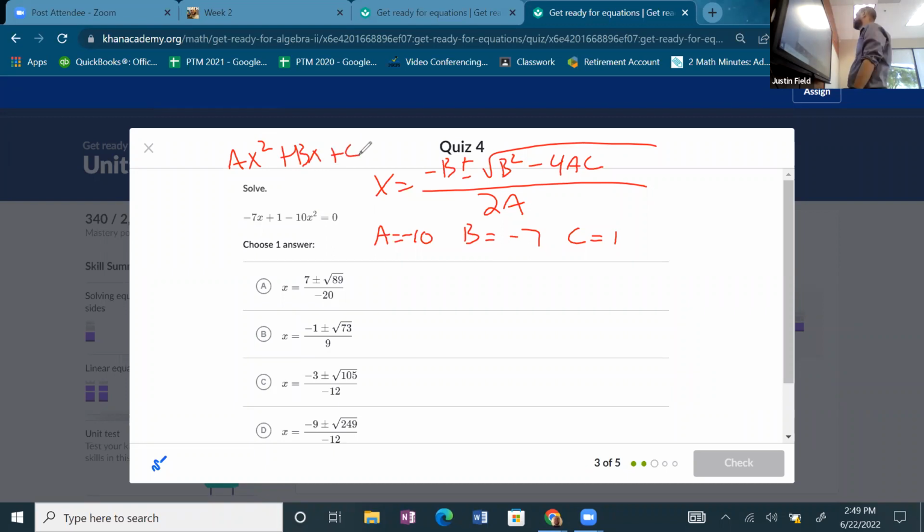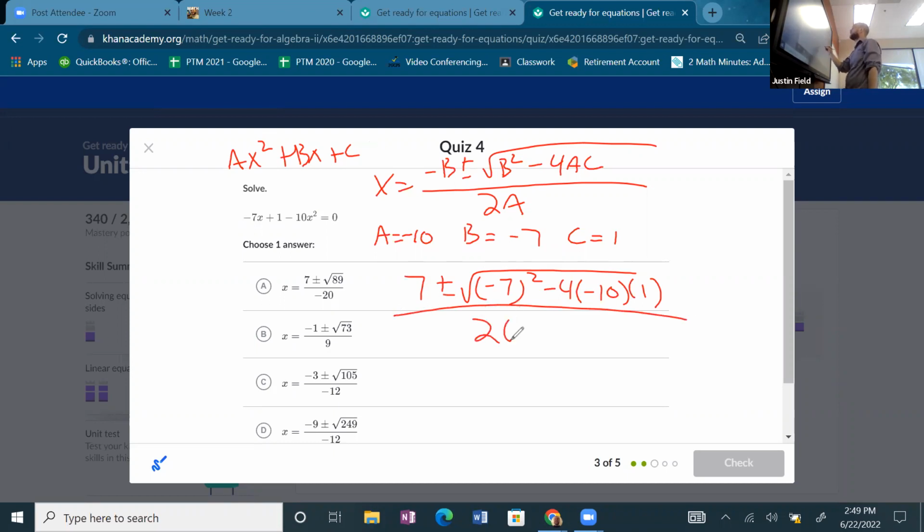Now we just substitute in, so we're going to get 7 plus or minus the square root of -7 squared minus 4ac, all over 2 times a, which is -10. Then we're going to do all that. I usually use a calculator.